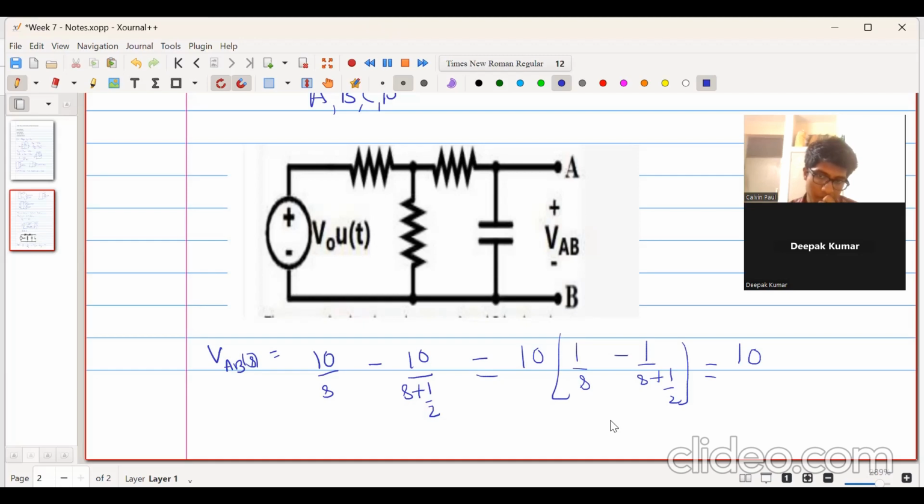You're almost correct. No, you're correct, I've actually done it the other way. You have got 10 upon 2s square plus s. What I have done is divide by 2, so I got 5 upon s square plus s by 2.